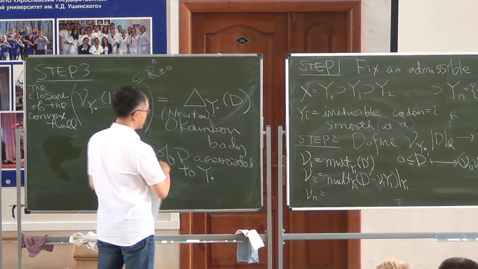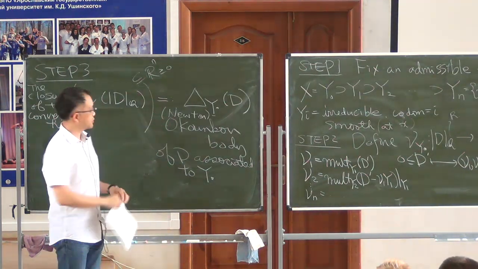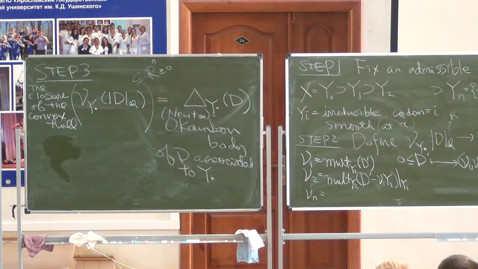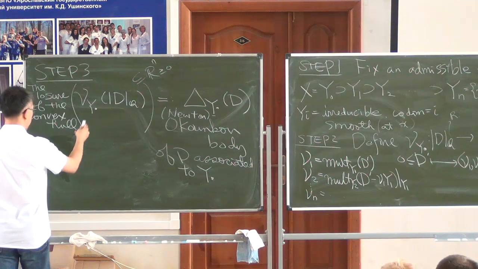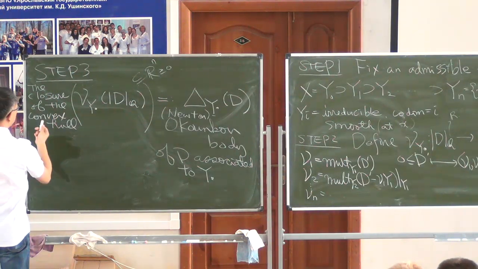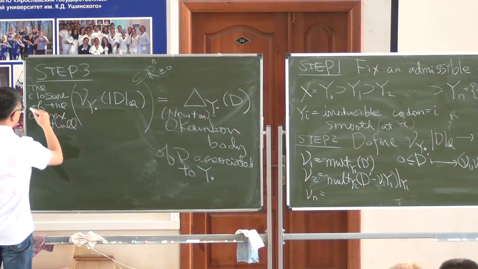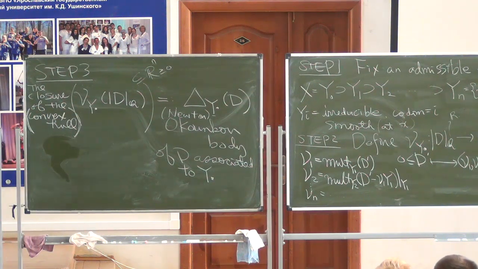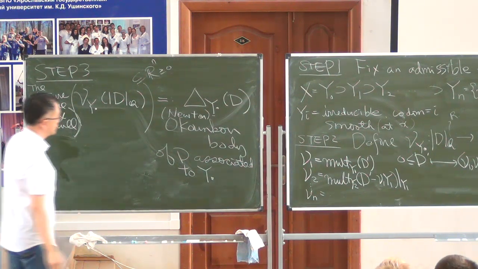Some people put this because it looks cool, but there's no difference. But actually, the points are already dense in the Okounkov body, so you only need to take the closure. It's enough to take the closure. It's already dense.